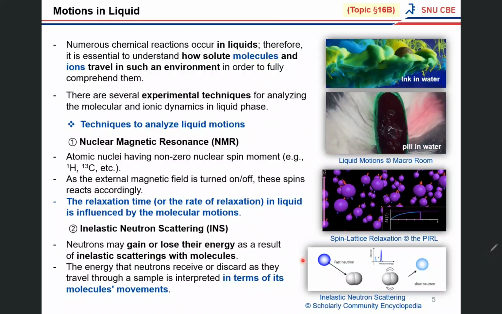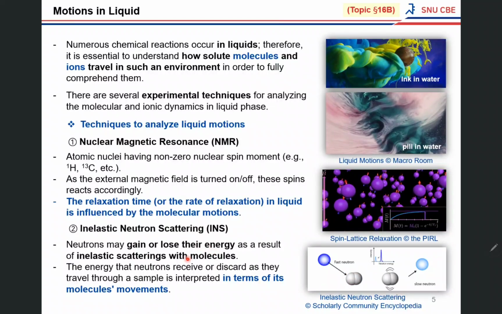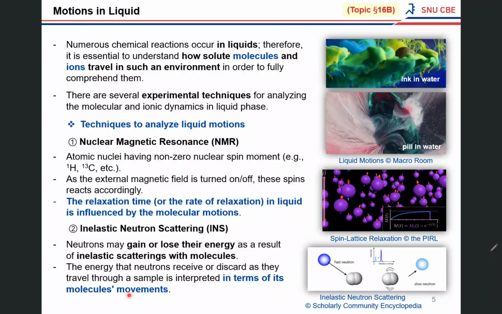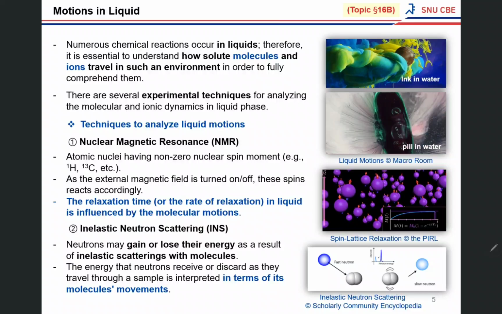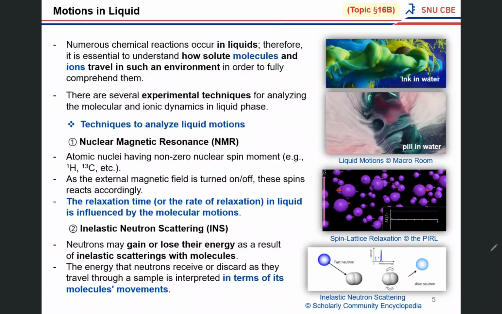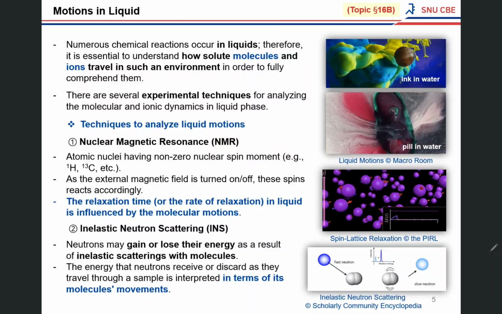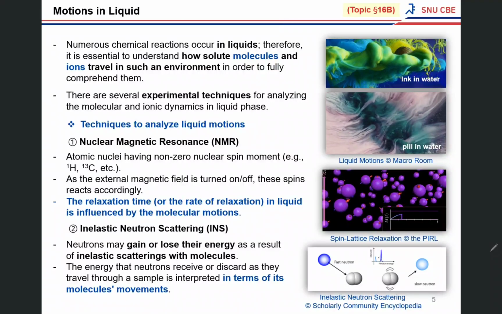Based on the changes in energy, we can find out some basic facts about the molecules' motions in the liquid. I'm not going to talk about any details of this technique in this class, but I think it is good to know that these techniques are useful to analyze the motions of the molecules in the liquid phase.